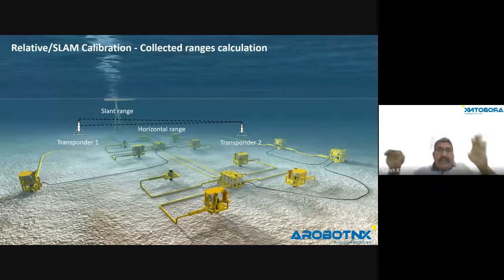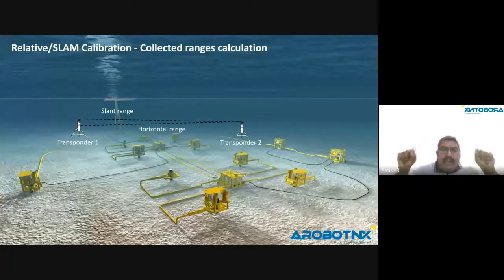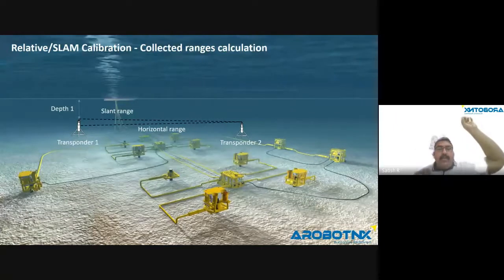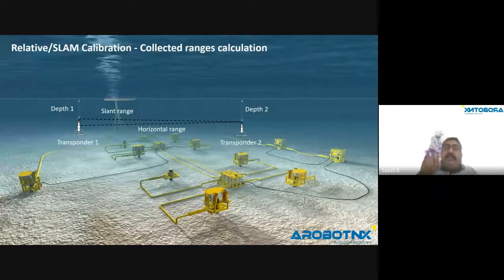But when you're going to consider 3D, you should know the depth. So how the depth is from the top of the transponder to the sea level, the sea surface, similar to this. But you can see there's always a difference between these 2 depths. And when you're taking the range measurements, these things have to be considered. And this is how it's been done.